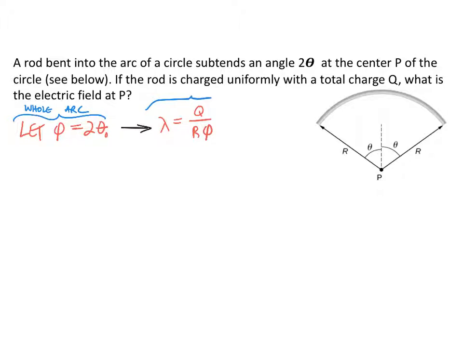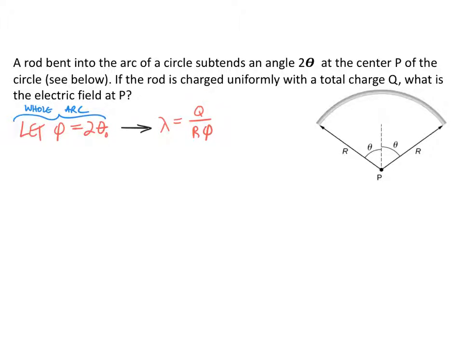I guess it has to be the case that Q equals lambda r theta, okay? But neither here nor there whether we do that. However you think of the linear charge density will be your call, all right?